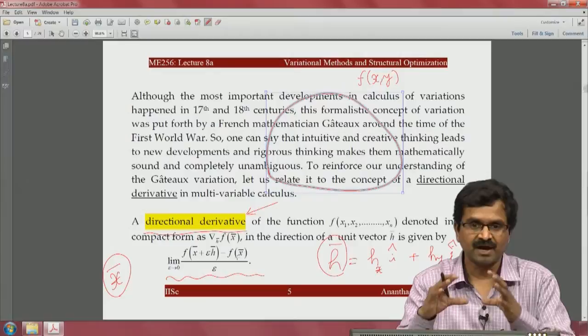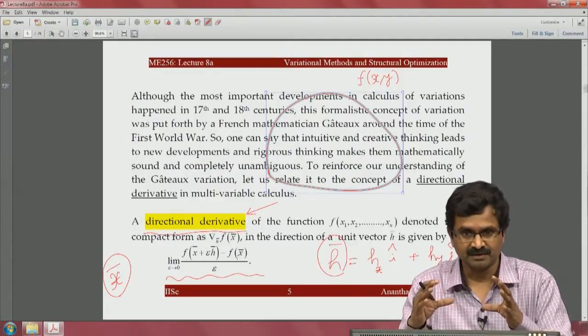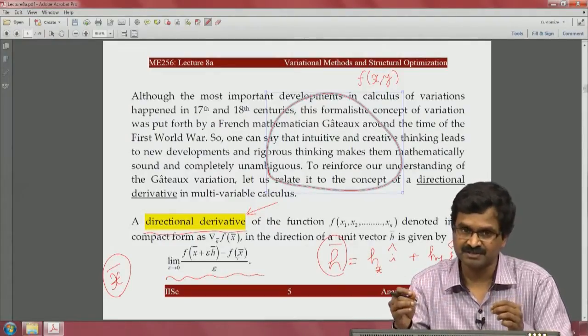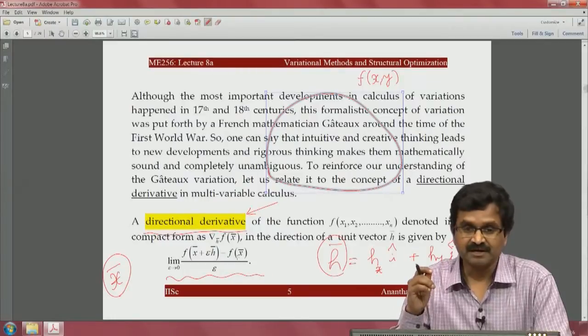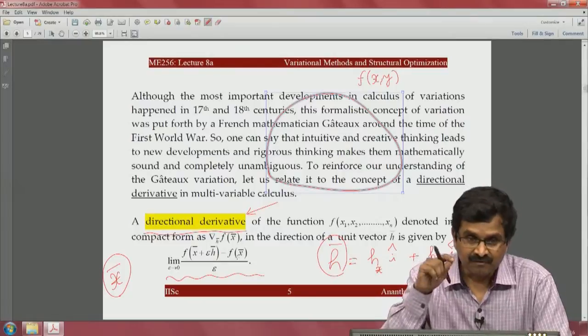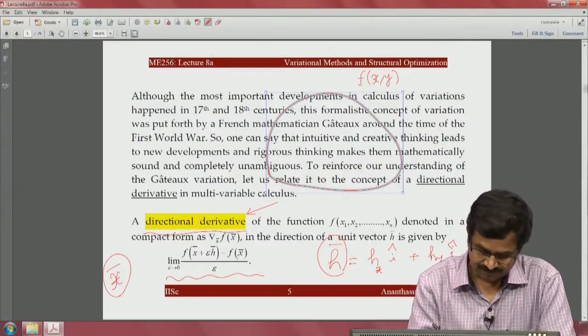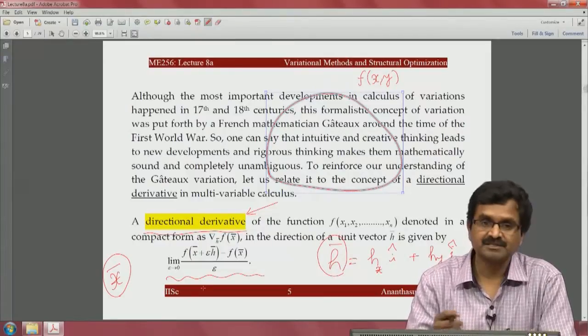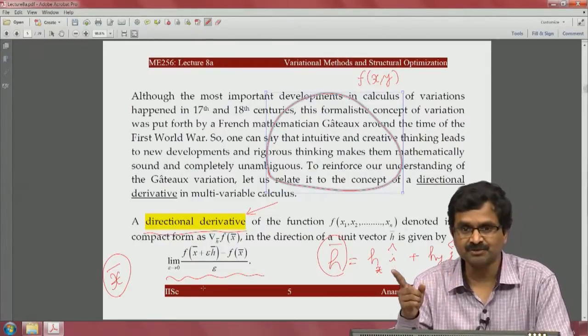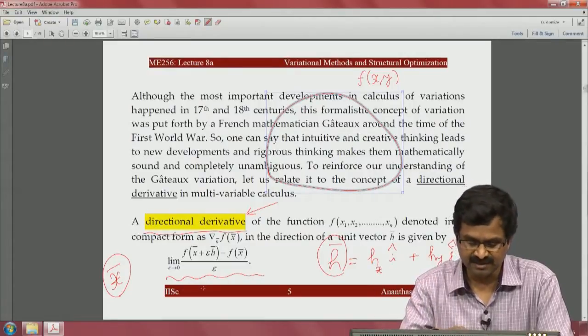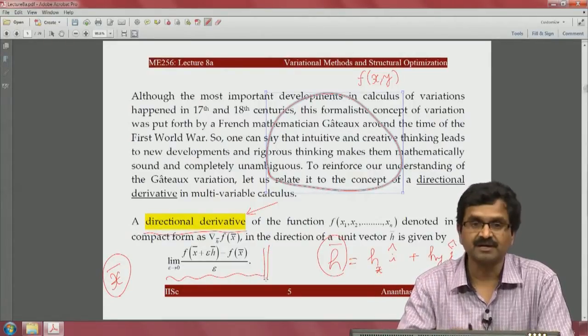If we have a functional and you have chosen a function y of x, then the rate of change of that functional with respect to that y of x is the Gateaux variation. As shown here, the directional derivative is similar. In one direction you choose h, what is the rate of change in that direction? It is given by this definition of the directional derivative.